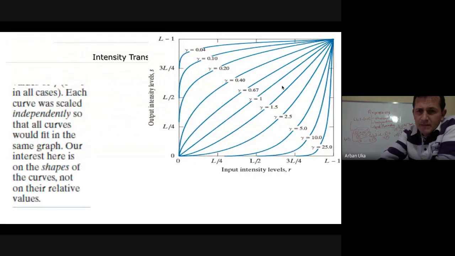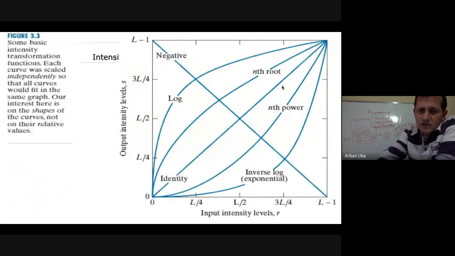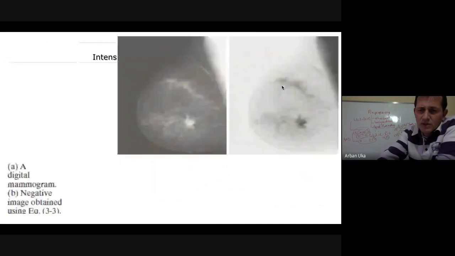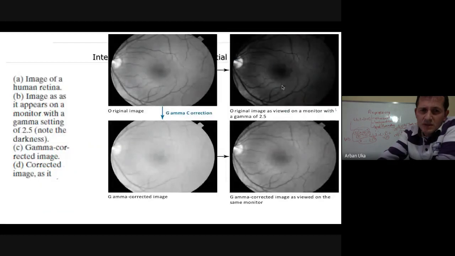Now, here we have another type of transformation. If we go backwards, that's the logarithmic function and inverse logarithmic, which is the exponential. Here we have some other image transformations, which are the gamma transformation. The gamma transformation just raises the intensities to the power gamma. We're going to see some examples, but let's see what happens here.